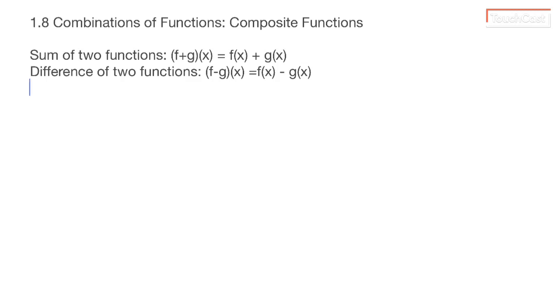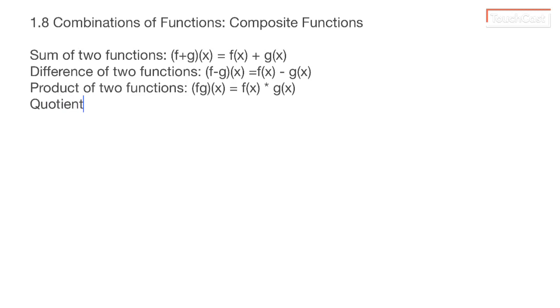We'll keep using f and g for products and quotients. So if we have the product of two functions, we're looking at f times g of x. That's just going to be f of x times g of x. And then quotients of two functions, we're looking at f divided by g of x.